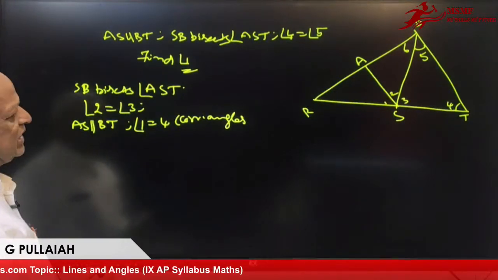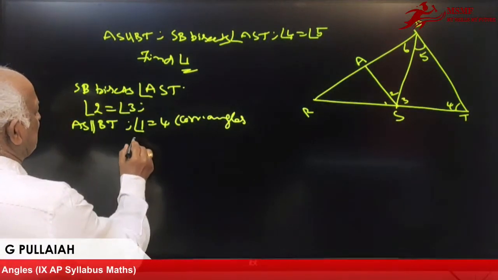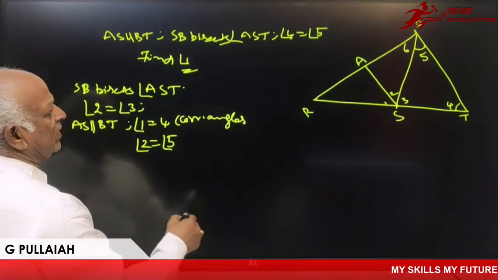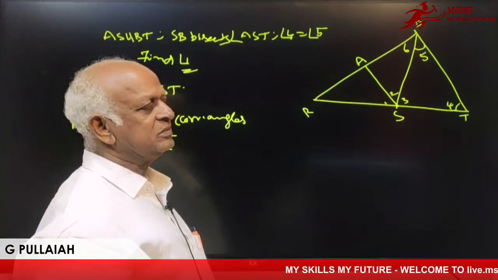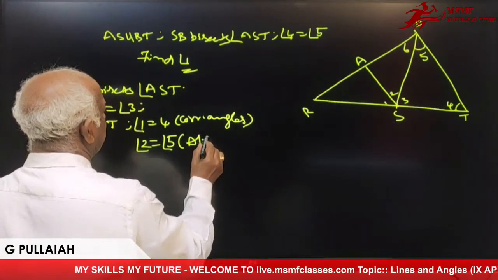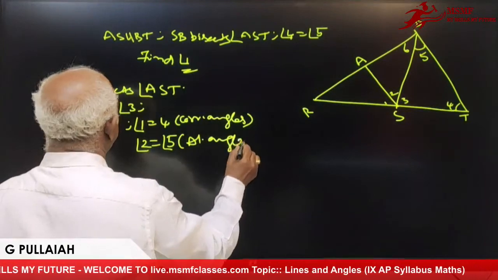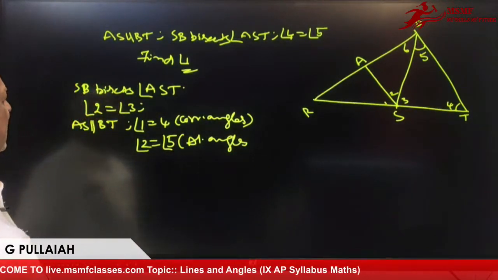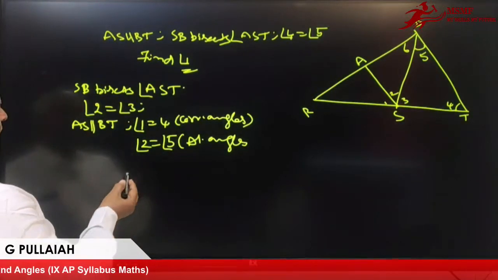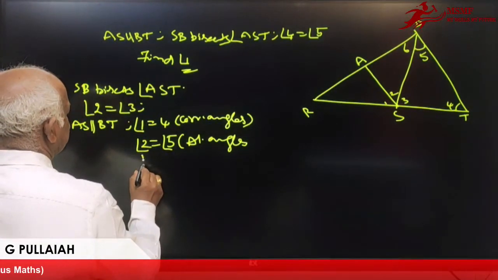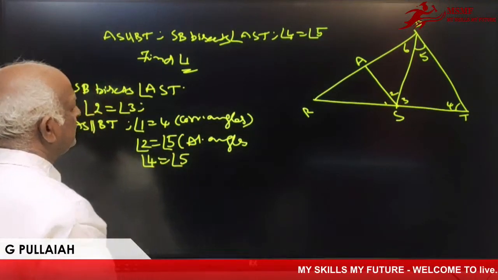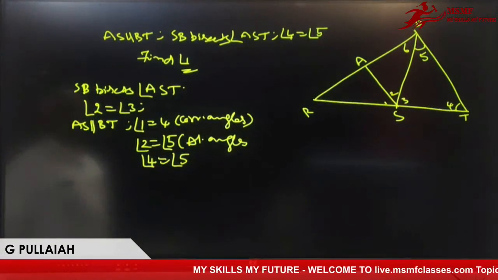And also you can say angle 2 is equal to angle 5, since they are alternate angles. Observe here, and it is given that angle 4 is equal to angle 5.